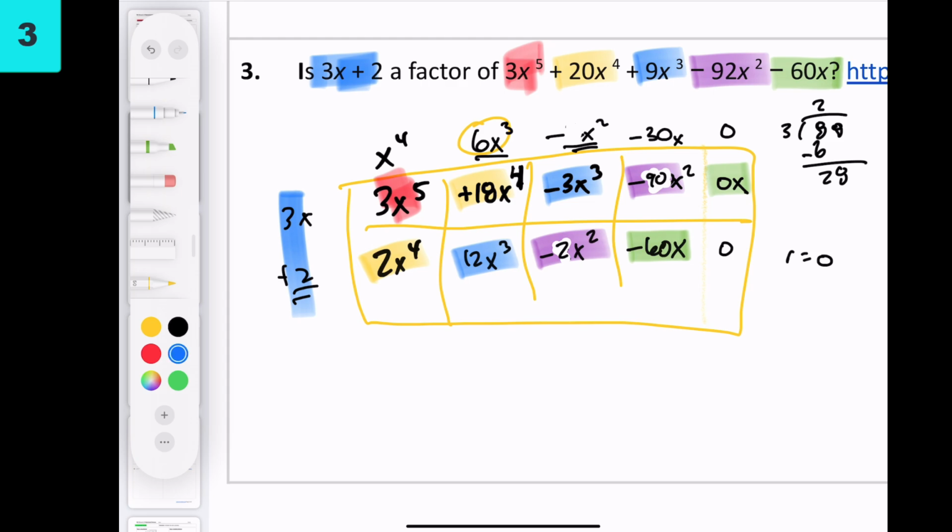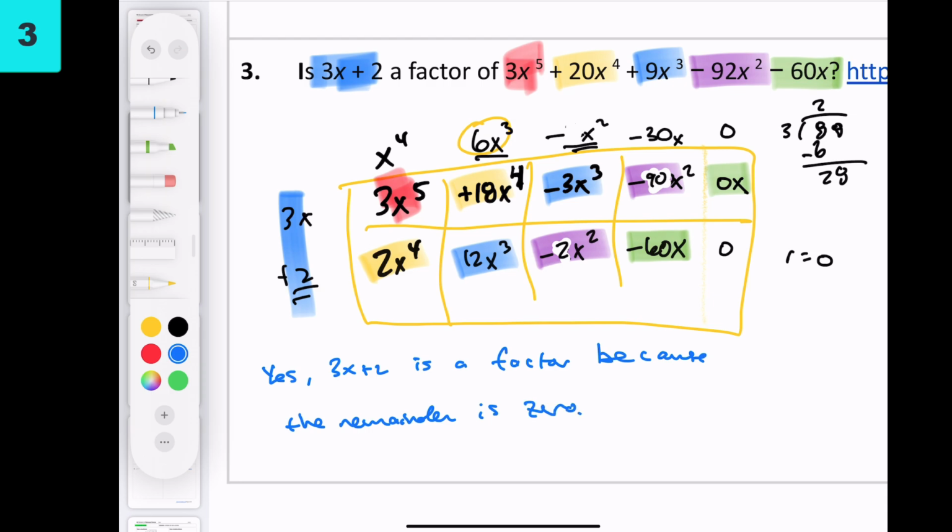So we can write, yes, 3x plus 2 is a factor because the remainder is 0.